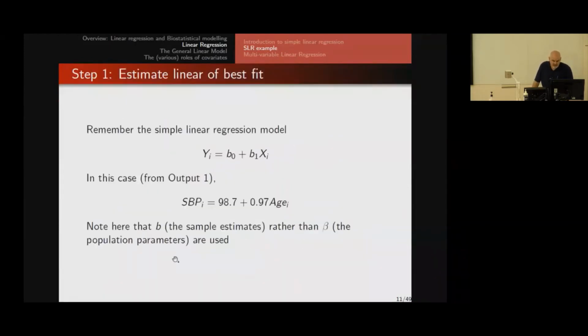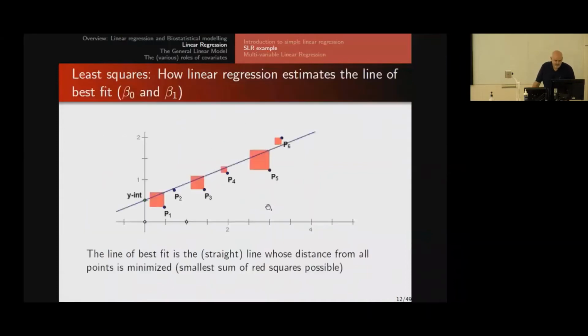Going back to the model, as I get 1 year older, I'm going to add 0.97 to the systolic blood pressure. So every year older I get, my SBP goes up by approximately 1 unit. Sorry, it goes up by about 0.97 to be exact.